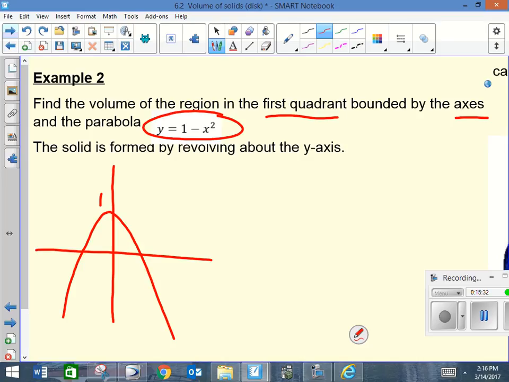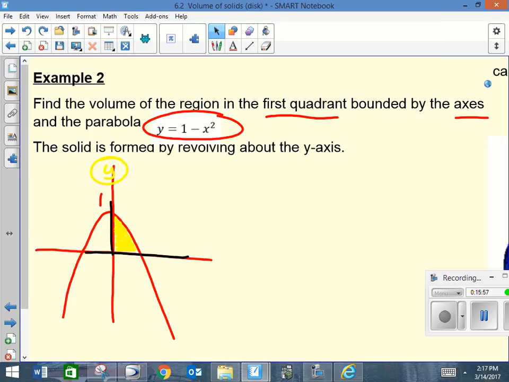First quadrant, so probably this and that. What you're rotating is just this piece, because you got an x and a y boundary, and you're revolving it about your y. So you're going this way.